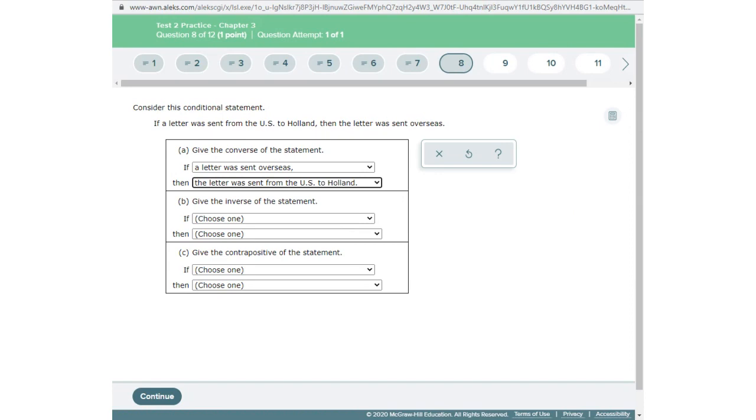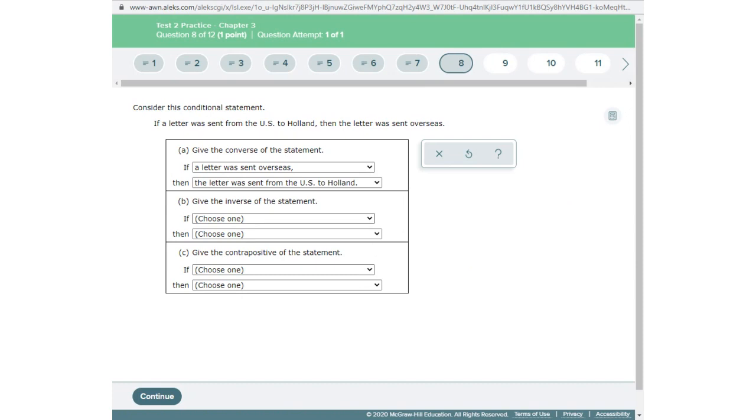All right, now the inverse is when we keep those things in the same order and we just throw a negation in front of them. So if a letter was not sent from the USA to Holland, then the letter was not sent overseas. Okay, so we're just negating it in the same order.